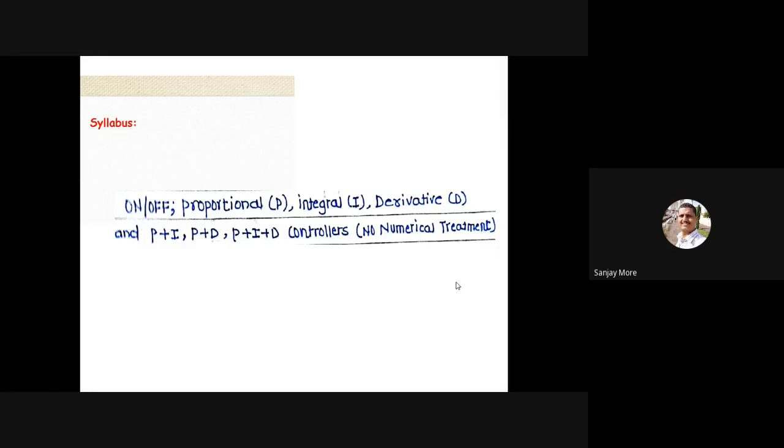And then PID, proportional plus integral plus derivative controller. No numerical treatment, only theoretical part is there. Okay, so the first point is the on off controller. In on off control only two outputs are there, that is on and off. So write down this syllabus under the heading modes of control.